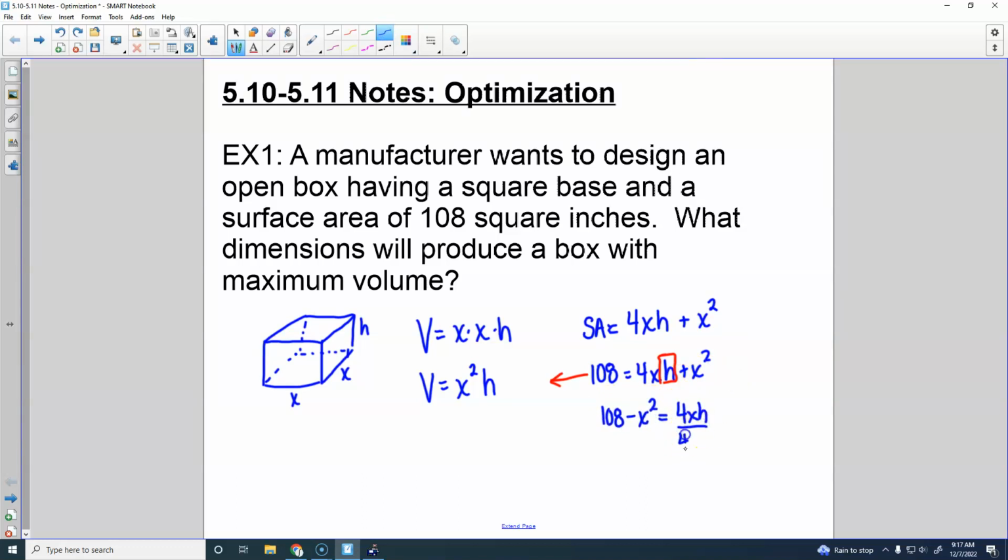And then divide by 4x. And you've got a couple ways to deal with this. I would do love connection here. You can leave it a fraction if you want. But I would do love connection. And that's going to be, what, 27? I would make this 27x to the negative 1 minus 1/4 x.